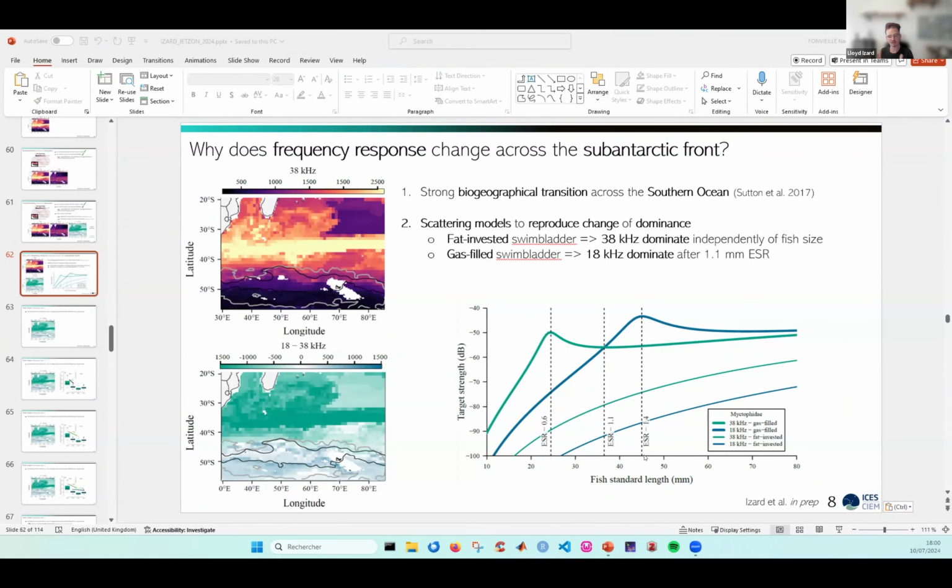It is always a ratio of size and swim bladder size as well. The 38 kilohertz really dominates for small fish, as I mentioned, the cyclothone species, whereas the 18 kilohertz could identify bigger fish. In our paper, we have these figures and more explanation that maybe could help you understand and answer your question as well.